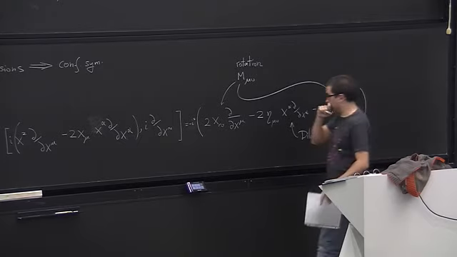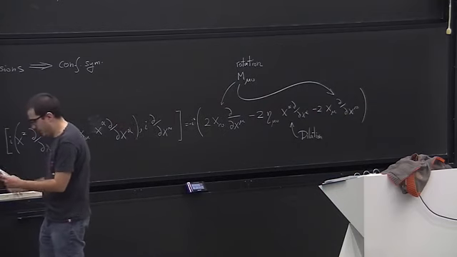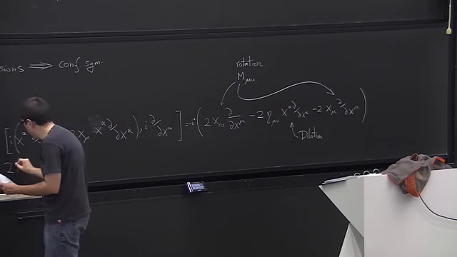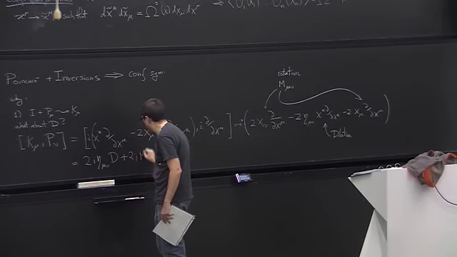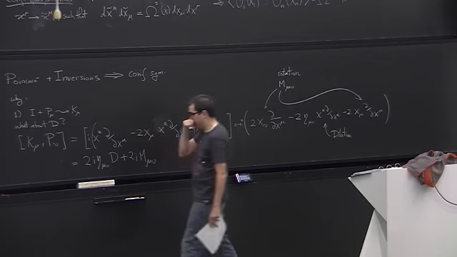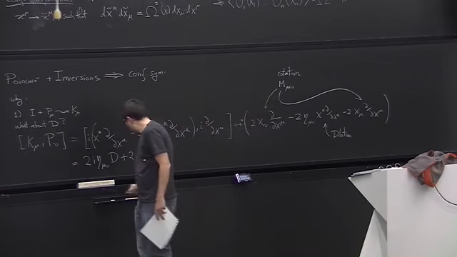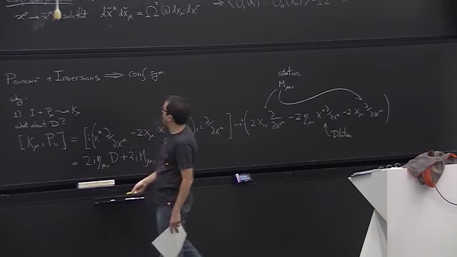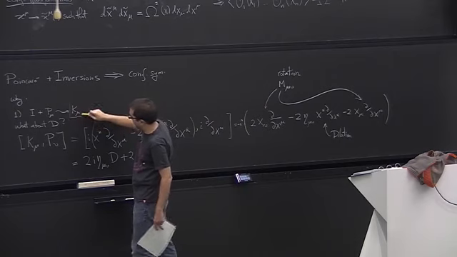So if we work it out carefully with all factors of i, we get that this is equal, if I did it correctly, to i eta mu nu dilatation plus 2i M mu nu. Okay. So we conclude that indeed, if you have inversion, you get K immediately.